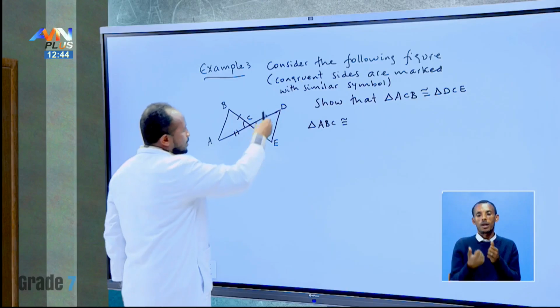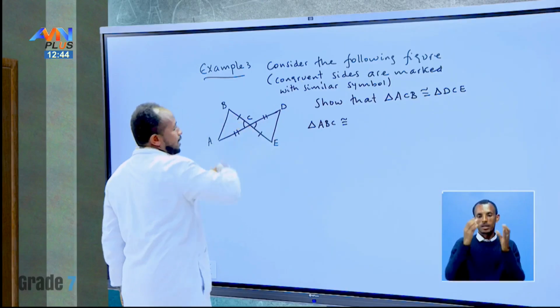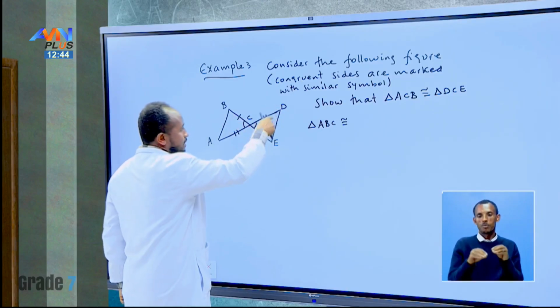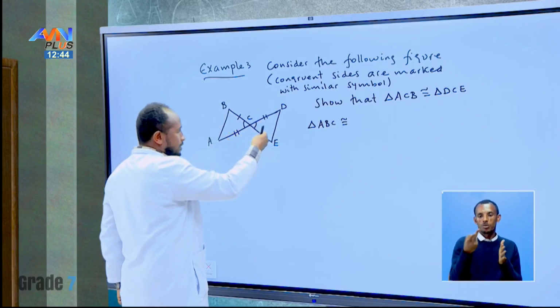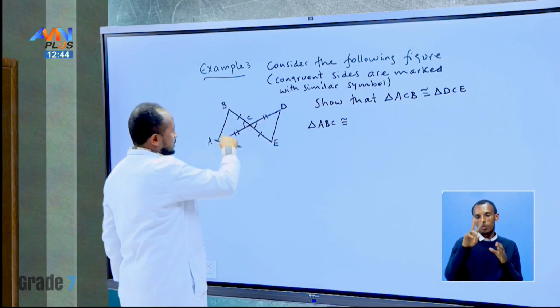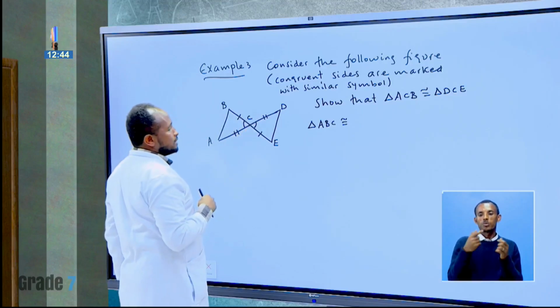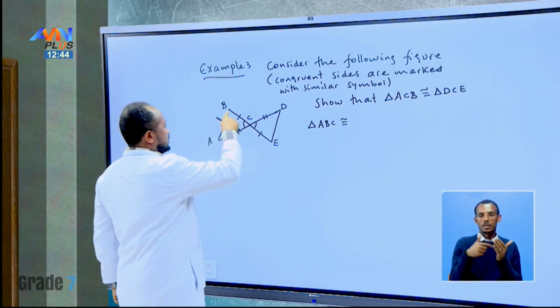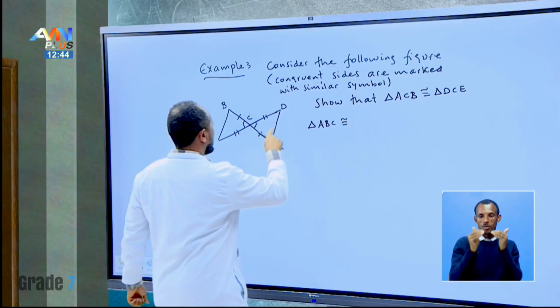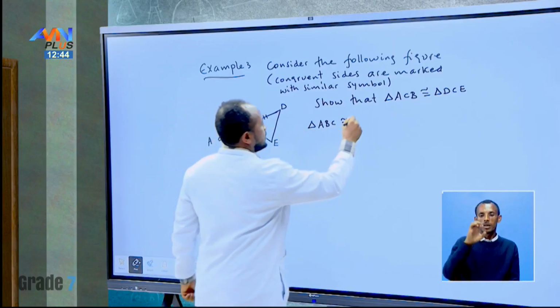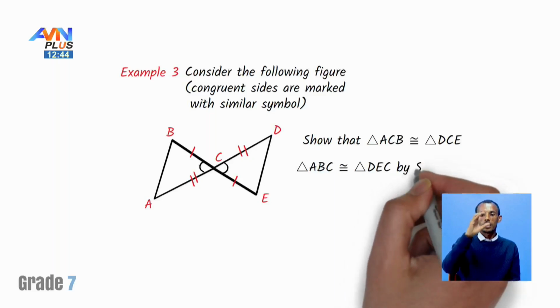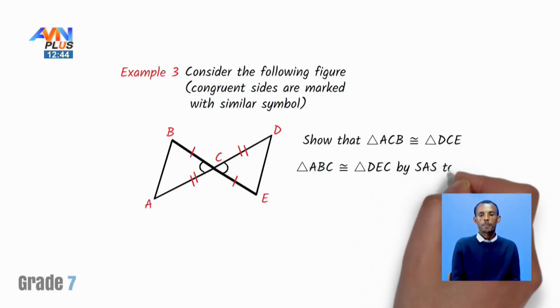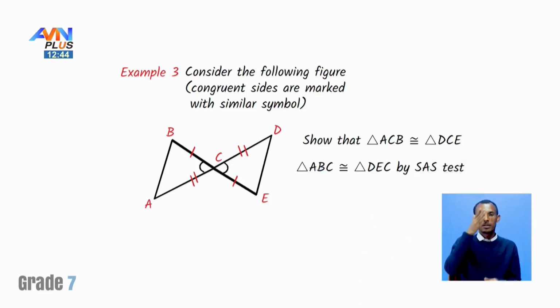So you move from D, E, C. That means this part fits with this one, this part with this, and this side with CD. Therefore, triangle ABC is congruent to triangle DEC by side angle side congruency. That's it. This will be the answer.